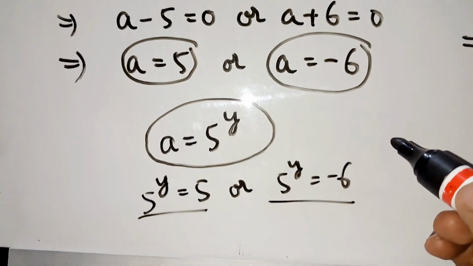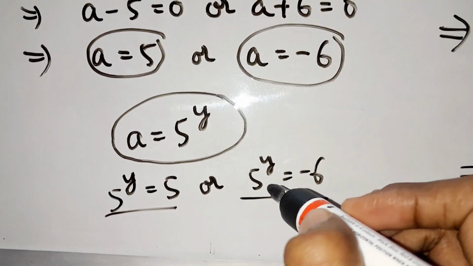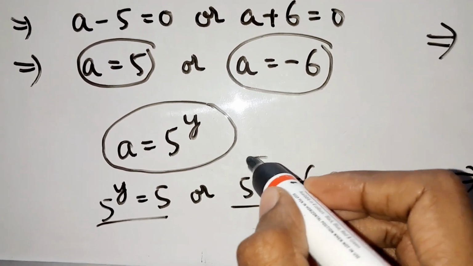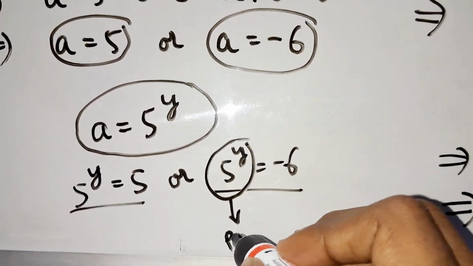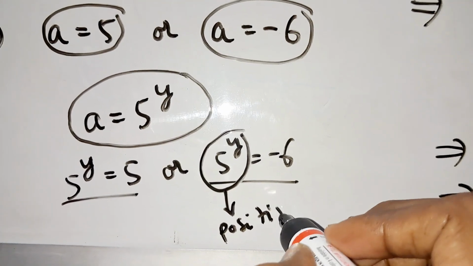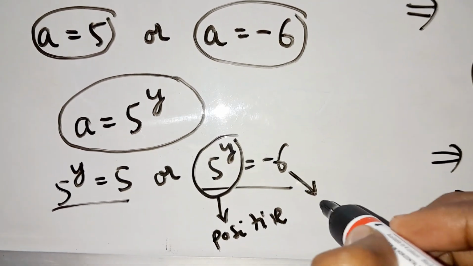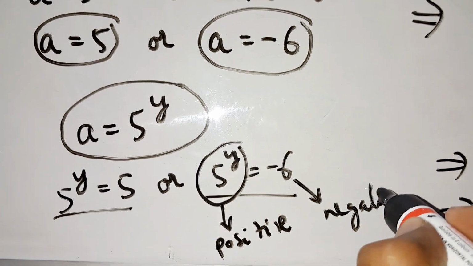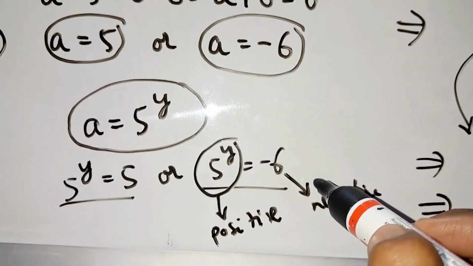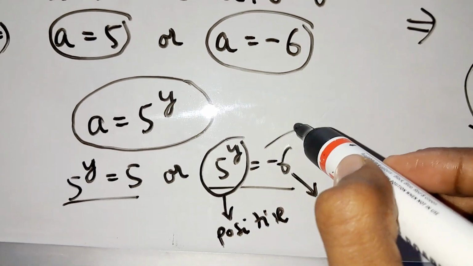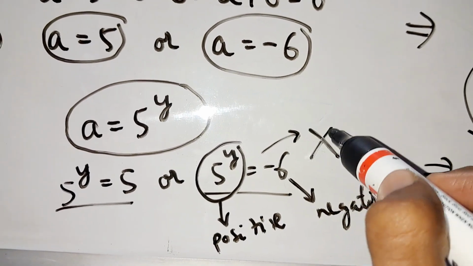Now, if we look at 5 to the power y, this term is always positive, and this is negative. So the left hand side is positive and the right hand side is negative. This case cannot be correct.